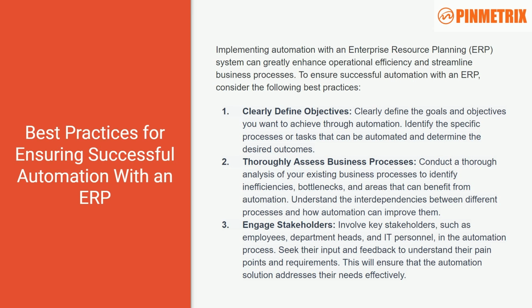You need to have a goal and objective for automating your process. Either you want to save cost, save time, increase efficiency, or increase productivity. You must be able to define that clearly, and it is based on that. It is always better to define these things one after the other.